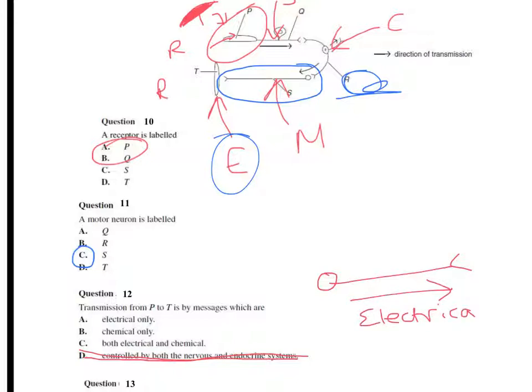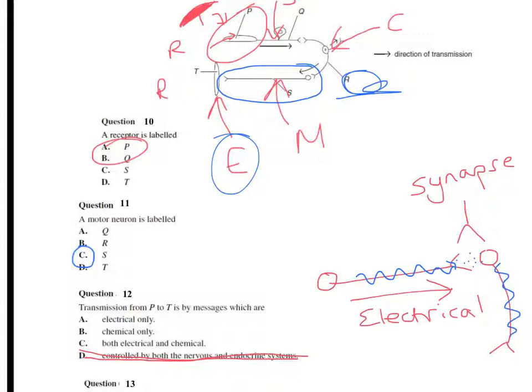But because it's from one nerve, it's then connecting to another nerve, and there is a gap here. And that gap, remember, is called the synapse. And if you remember at your synapse, when the impulse comes down, it causes neurotransmitter to diffuse across the synaptic cleft, which then causes the next neuron to start its impulse.